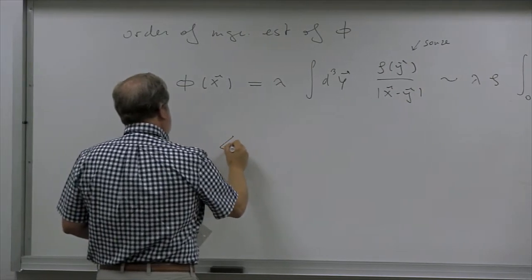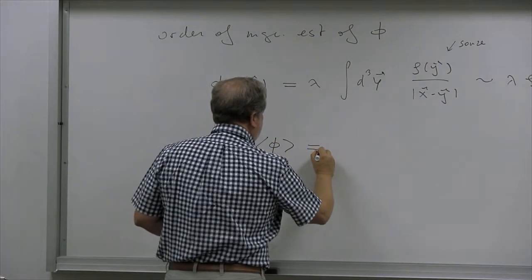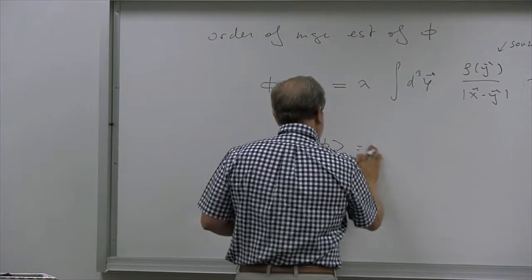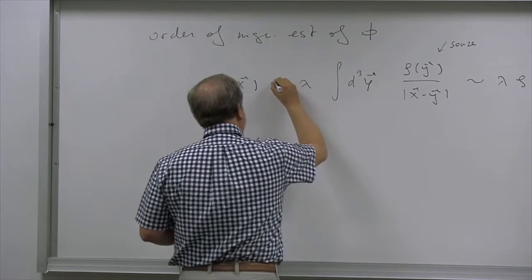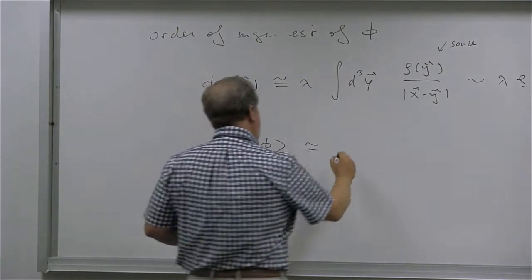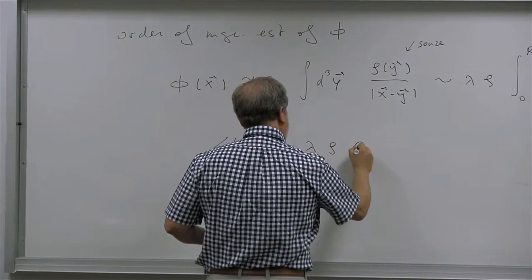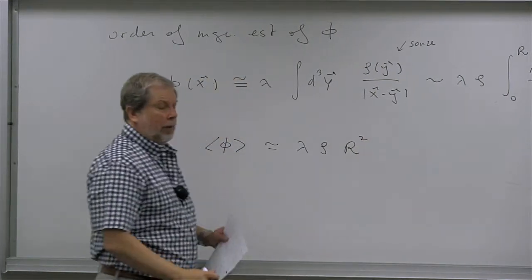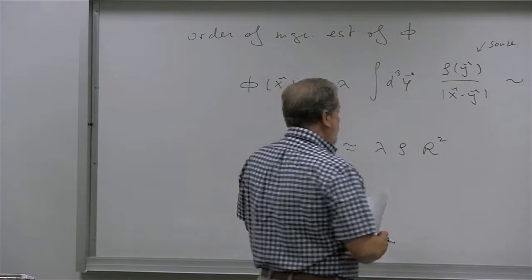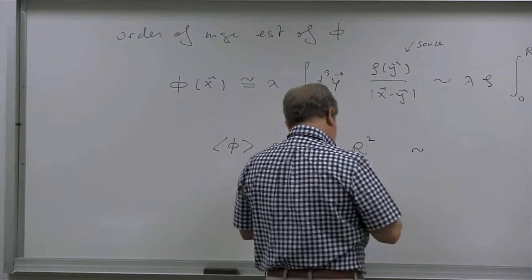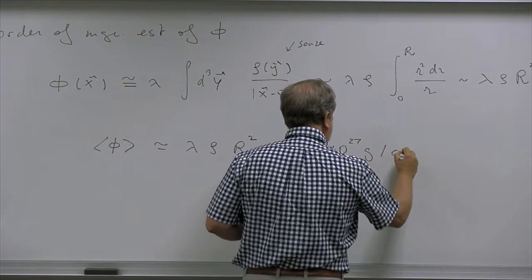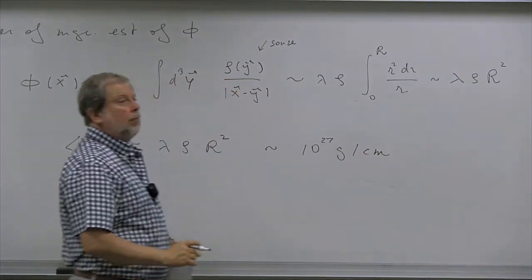So that tells us that the magnitude of the field is approximately equal to lambda times rho times r squared. And this is of the order of 10 to the 27 grams per centimeter.